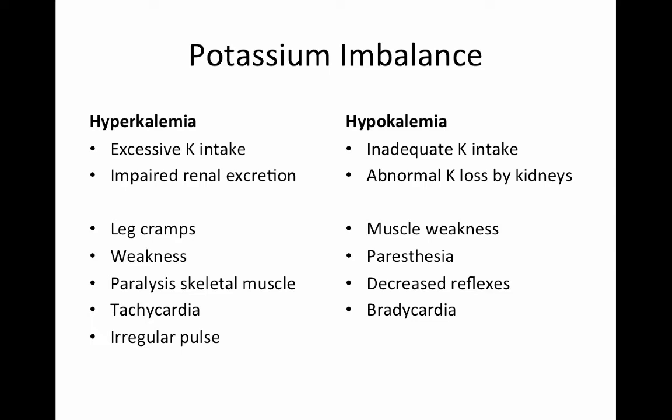Hypokalemia results from abnormal shifting of potassium from the extracellular space to the intracellular space. So if you have it shifting from your blood vessels into the intracellular space, that can result from inadequate potassium intake or abnormal loss of potassium by the kidneys, right? When our circulating blood volume is low, aldosterone secretion is triggered.